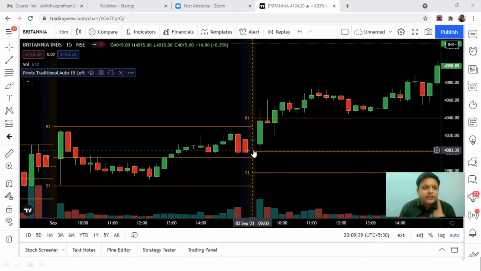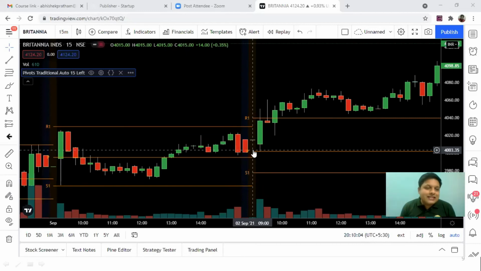So guys, first and foremost, there is absolutely no role of pivot here. Then you might be asking, why are you bringing an indicator called pivot points when there is no role of a pivot point here?